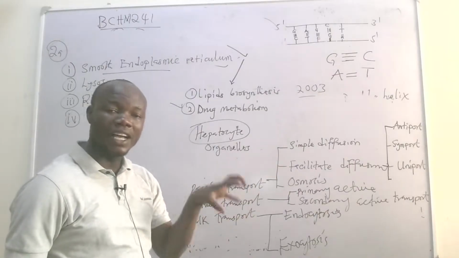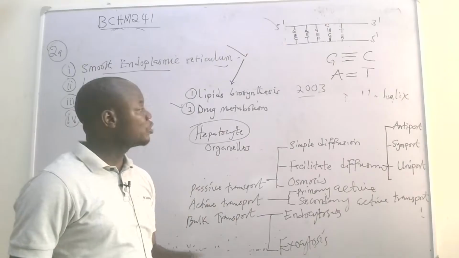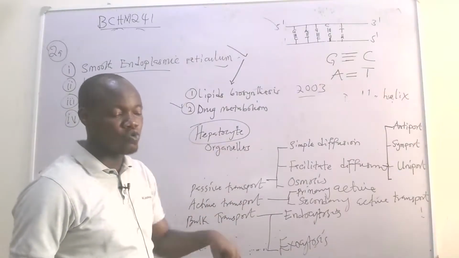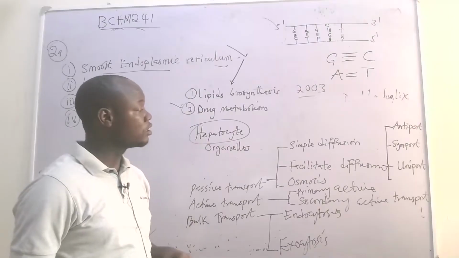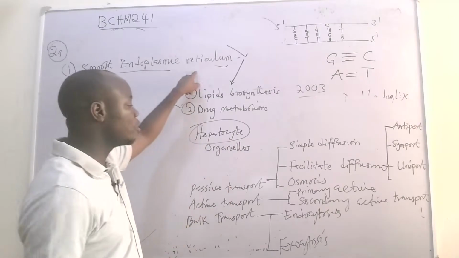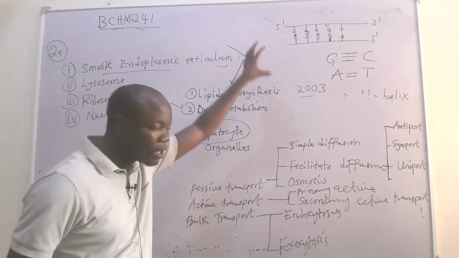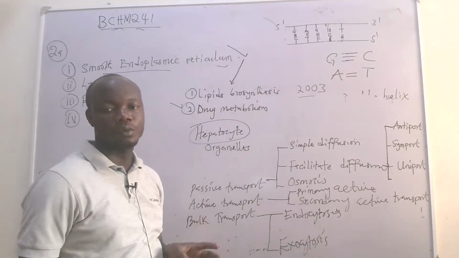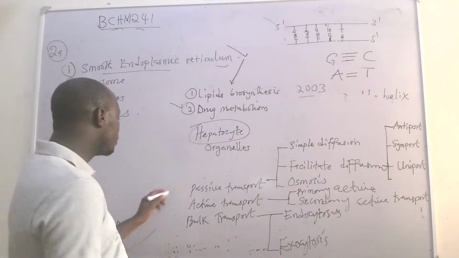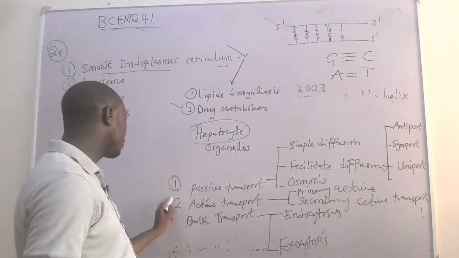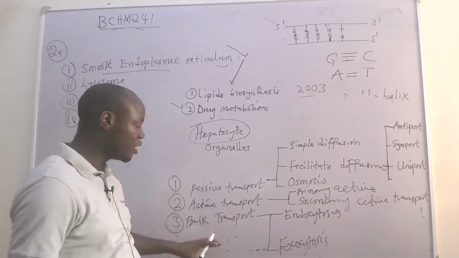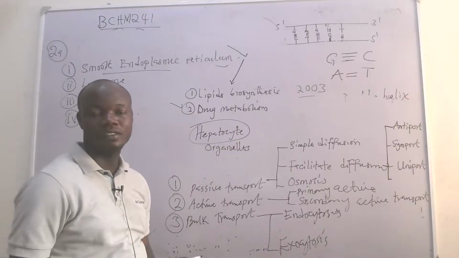Because the liver has cells, the drugs must find their way into the cell itself to reach the smooth endoplasmic reticulum. So you have different types of drug transportation. We have 3 major types of drug transport system: passive transport, active transport, and bulk transport.